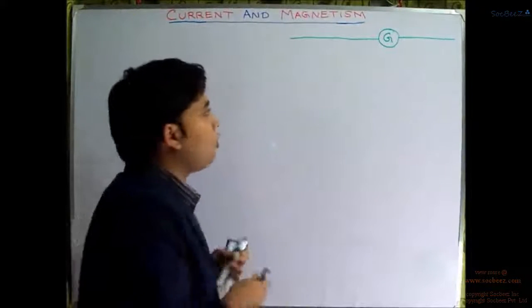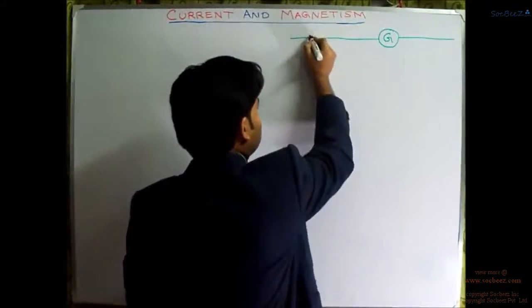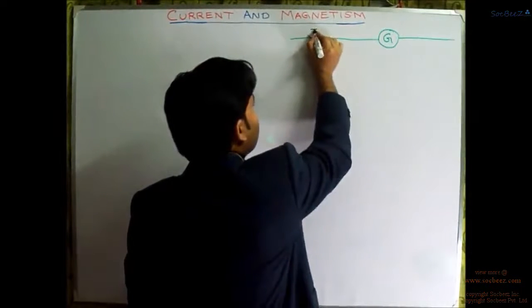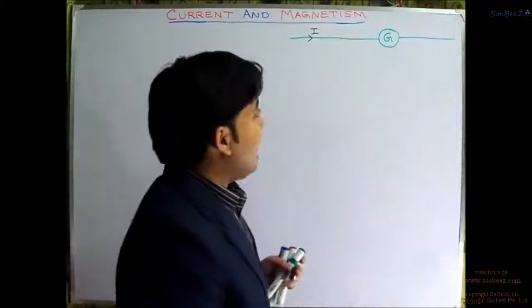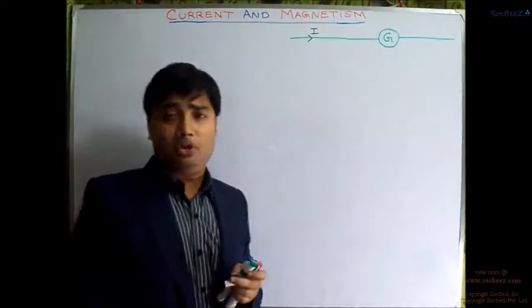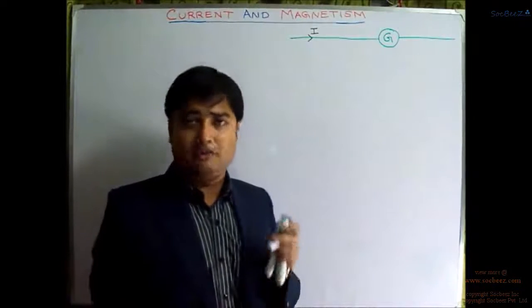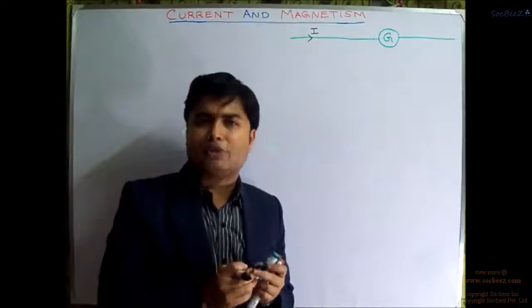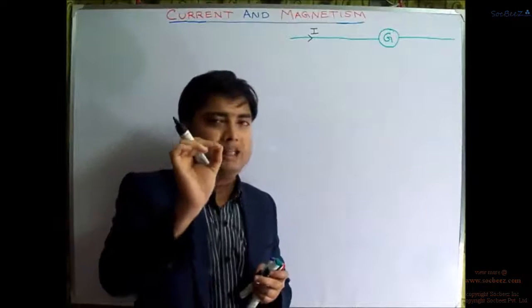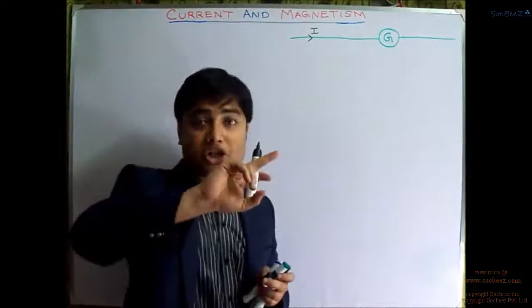The current flowing through it is I. Okay? And this galvanometer, as we know, is very sensitive to the current being passed. So whenever it sees a small amount of current passing through it, it will just give a deflection.